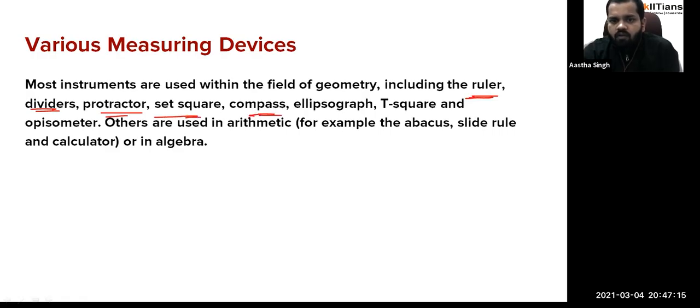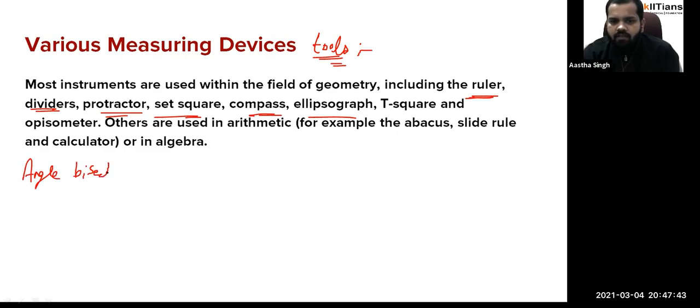All of these are measuring devices, or you can say tools for your geometry, to construct something. And the ellipsograph, T-square and optisometer are basically used for engineering graphs.